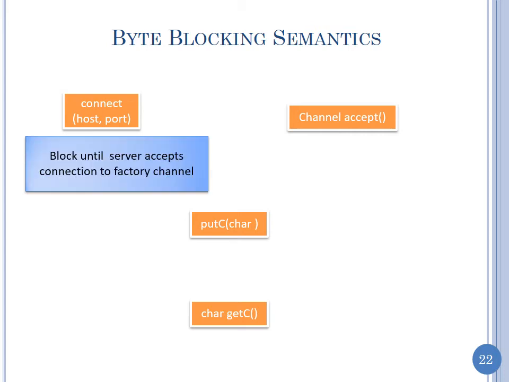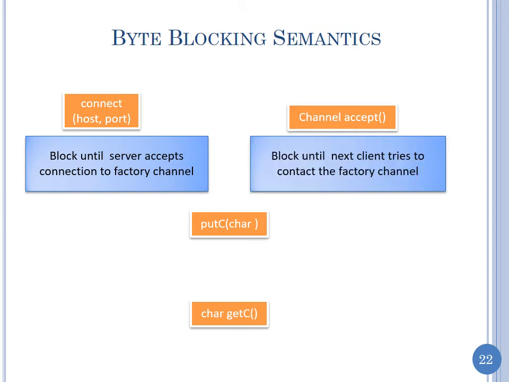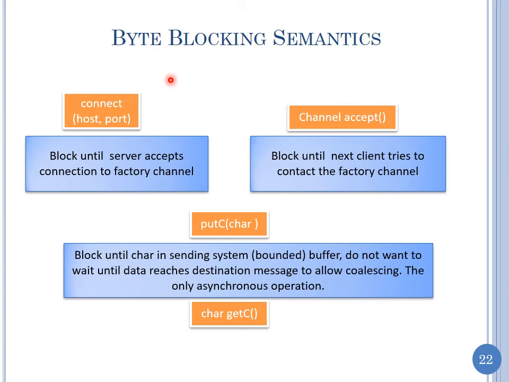For connect, we block until the server accepts the connection to the factory channel. That's the channel on which we do the accept. And the accept blocks till the next client tries to contact the factory channel. That means the next client sends a message. So accept will unblock before the connect will unblock.